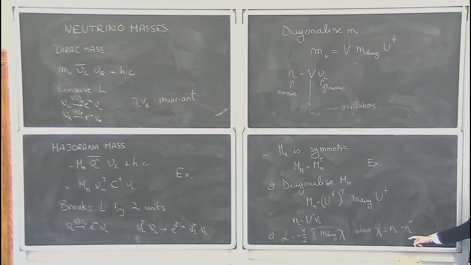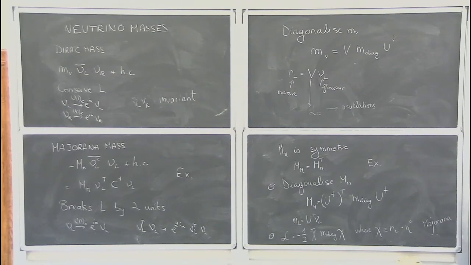But what type of field is this? It's a Majorana field, right? So we have shown that I can start with a Majorana mass term, and this will induce Majorana fields.